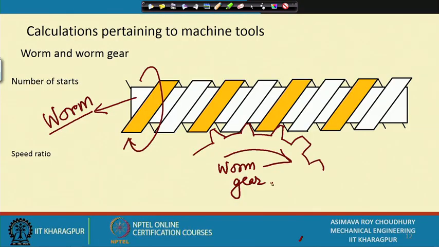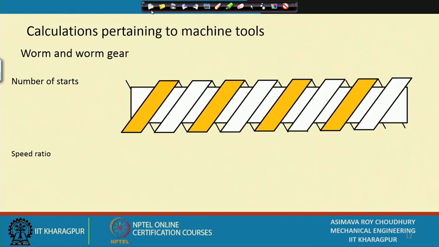So, the speed ratio of the worm and worm gear is equal to N worm gear. Why is it called the worm? Because it looks like an earthworm, that is why. N worm gear divided by the RPM of the worm is equal to K by ZWG. Let me draw it a bit more clearly.